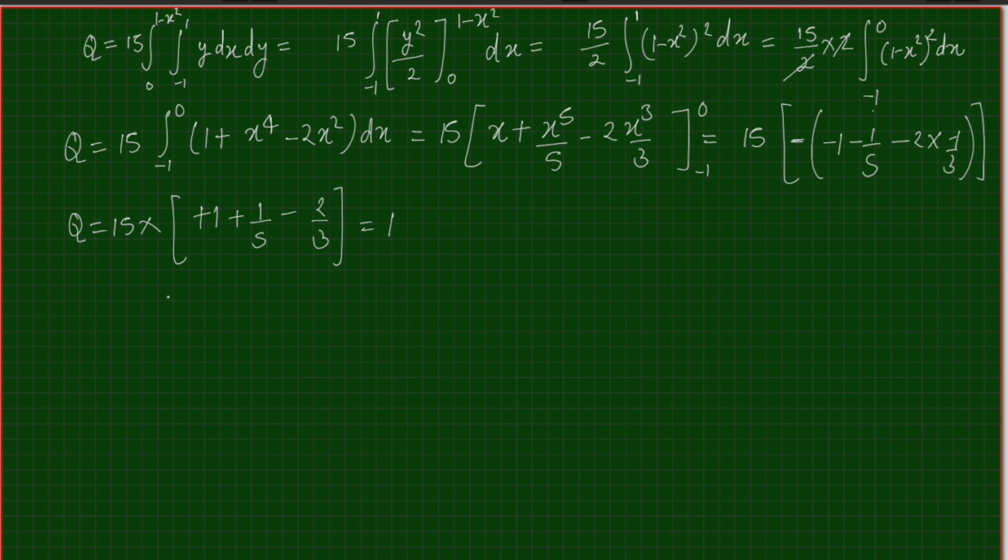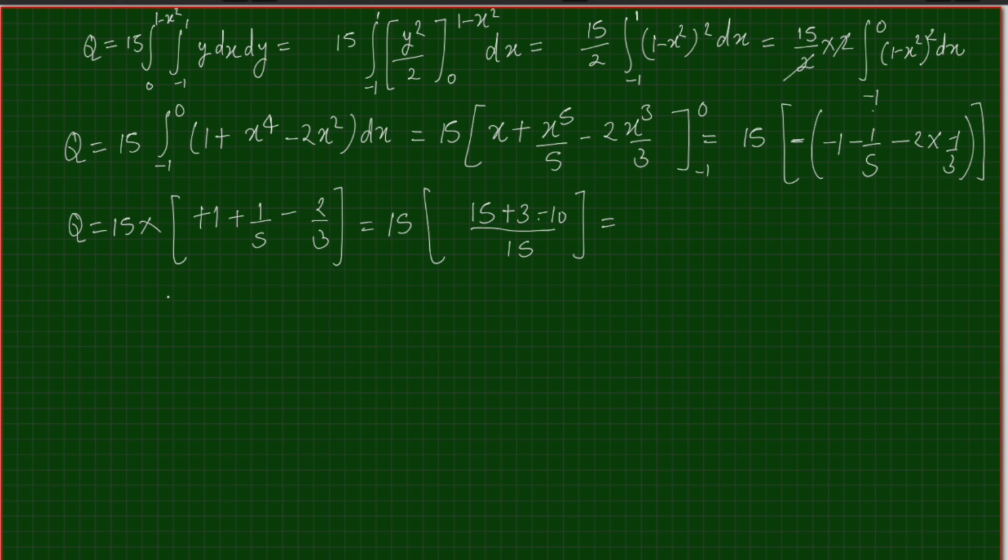Okay, so 15, LCM will become 15, and this will be 3, this will be 15, and this will be 15 plus 3, and minus 10.